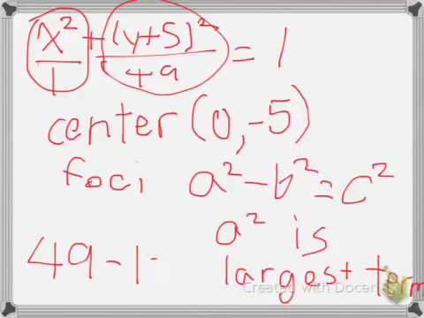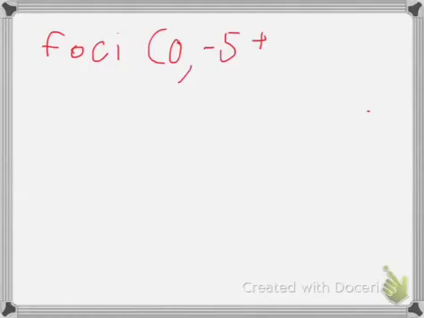So c is square root of 48. So that means that the foci are 0, comma, negative 5 plus or minus square root of 48.